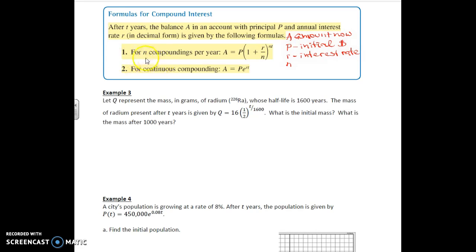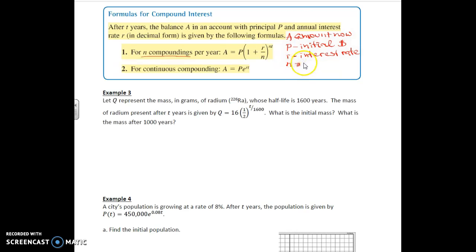N is the number of compoundings per year. So for example, if you are compounding interest monthly, then n is going to be equal to 12. The rate is always given yearly, which is why in the formula we have to do the yearly rate divided by how many times you're accumulating that interest.